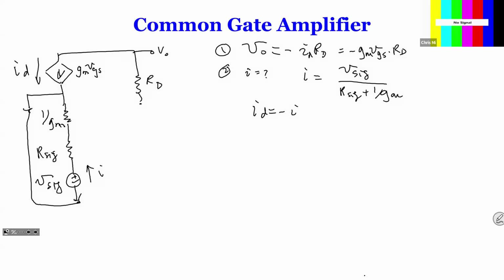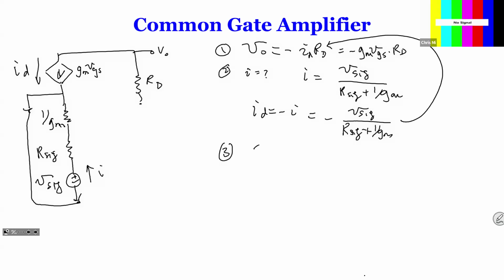So ID is bottom, so ID is actually equal to minus I. So therefore, we can plug in this one to minus vsig over RSIG plus 1 over gm. Yeah, so we're going to plug in this one back to this equation over here. So we got vo equal to minus, now becomes plus.